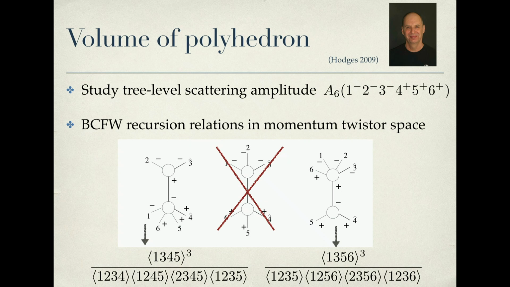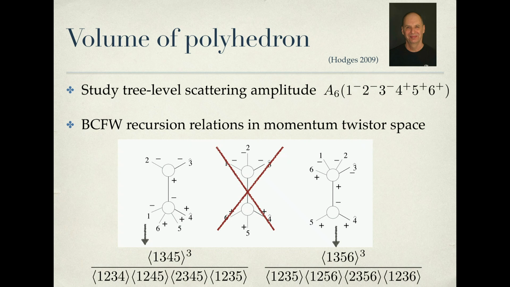So it's a cute way to write it. I just remind you these brackets, 1 3 4 5, it's just a 4x4 determinant of z1, z3, z4, z5, or in other words, an epsilon contraction of these 4 vectors. Anyway, you can just look at them as labels, 1, 2, 3, 4, 5, 6, corresponding to 6 particles.